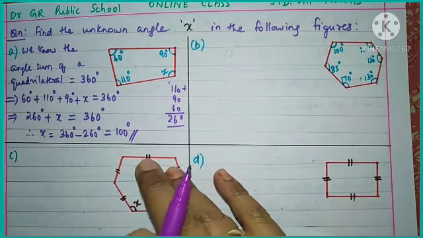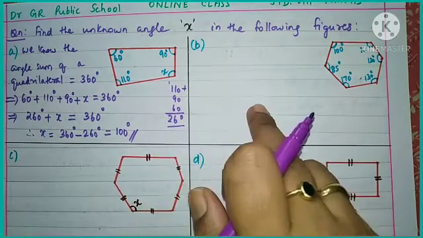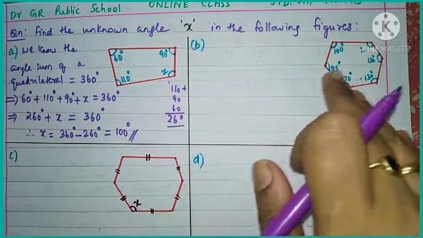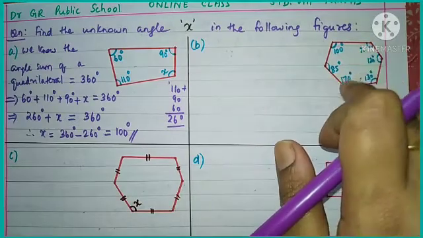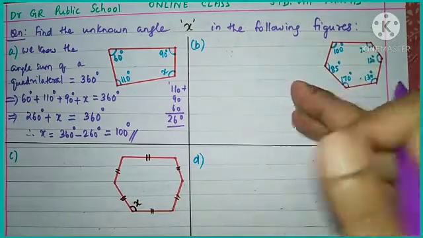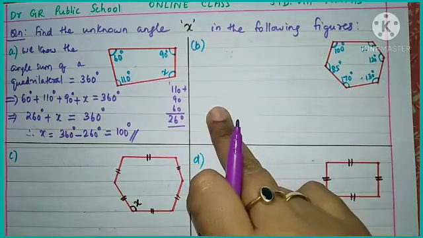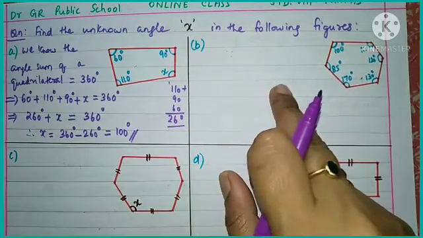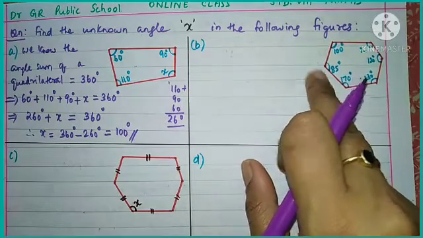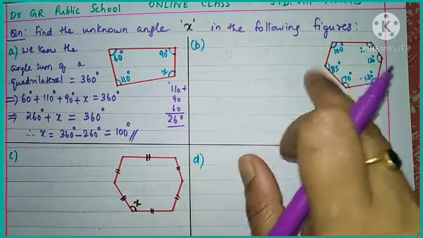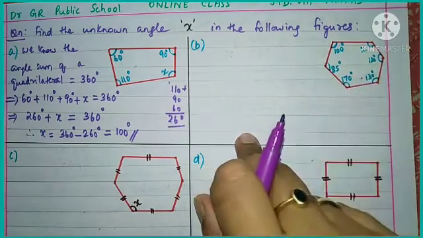What was that? 720 degrees. If you don't know what is the sum of angles of the hexagon, it is not coming in your mind, you can use the formula also. Okay, using n minus 2 into 180 degrees, you put the value n equal to 6. So you will get 720 degrees.